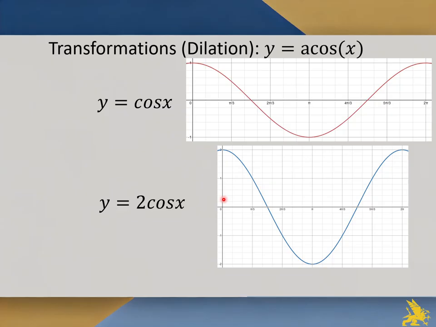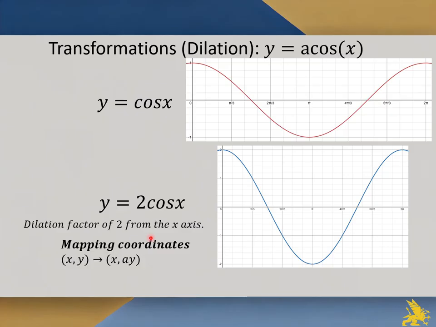Our amplitude here is 2 because the middle line at the moment is 0, and it's 2 away from that middle point. We can write it as a dilation factor of 2 from the x-axis, and I can write it as a mapping coordinate as well.